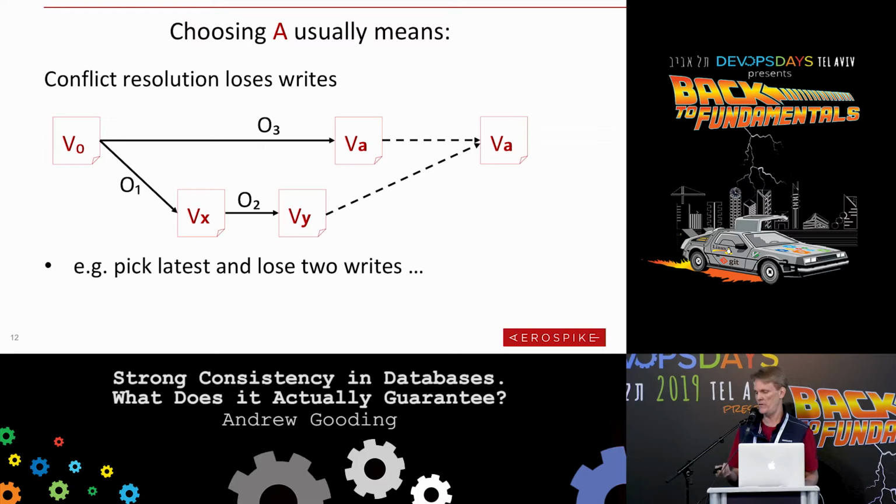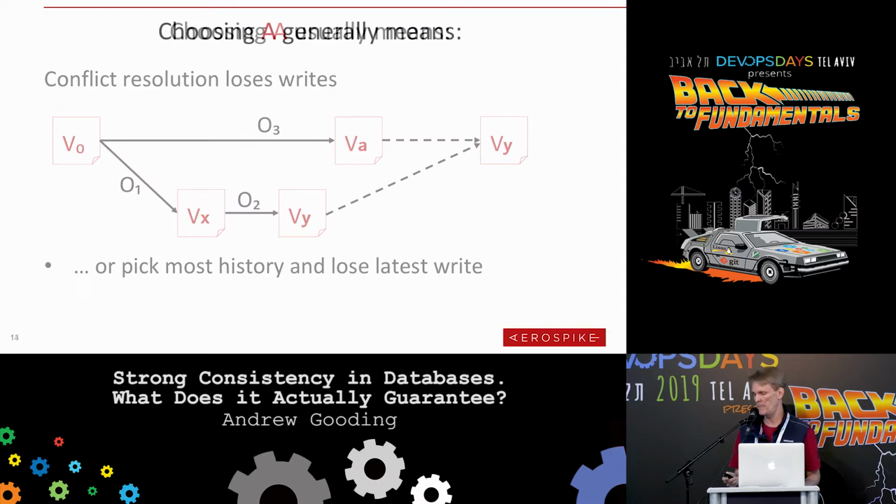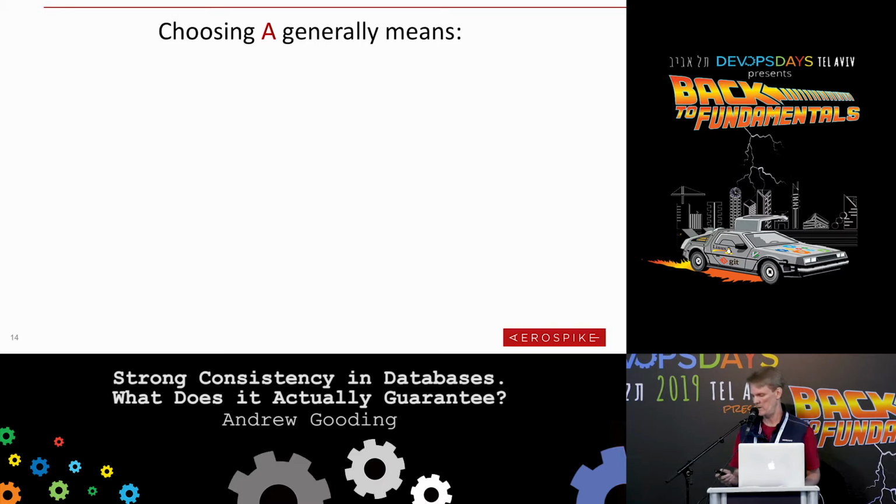In this case, if I choose VA, that's what it would have been if I had a strongly consistent system. I would have ended up with VA anyway, because I'm just writing a brand new record. So that's the ultimate demonstration of how use case dependent eventual consistency is. But generally what we're talking about is that we're losing writes.